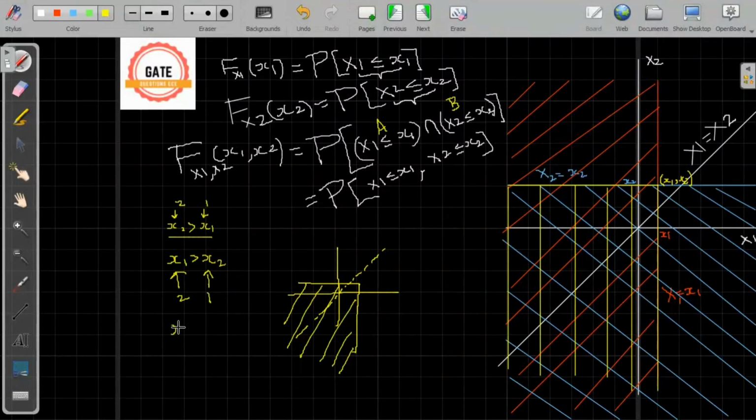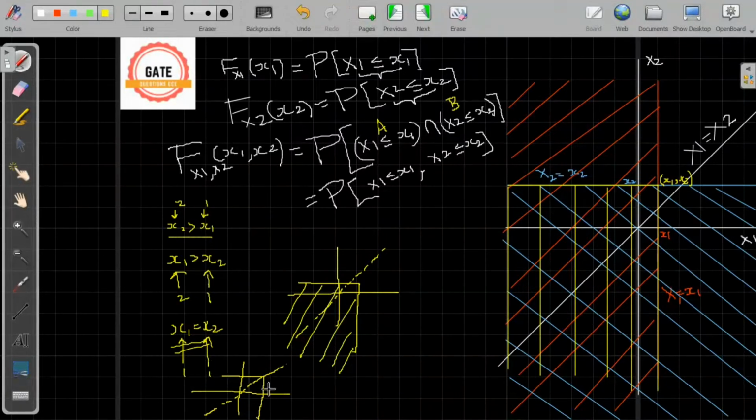And there can be a third case where x1 is equal to x2. In that case, for example, x1 can be 1 and x2 can be 1. Suppose this is the x1 equal to x2 line. In that case, the region will have its corner exactly lying on this line, depending on the value of x1 equal to x2.